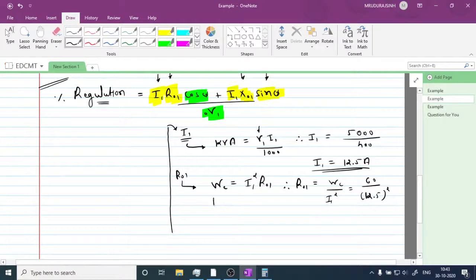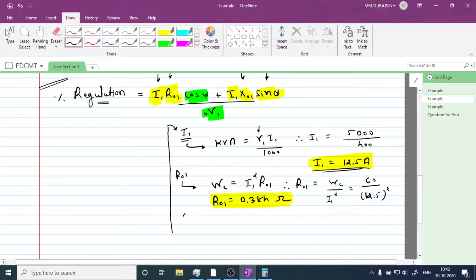So 0.384, that is the value of R01, 0.384 ohm. So now we know the I1, we know the R01. Now we go for the next quantity, that is X01.